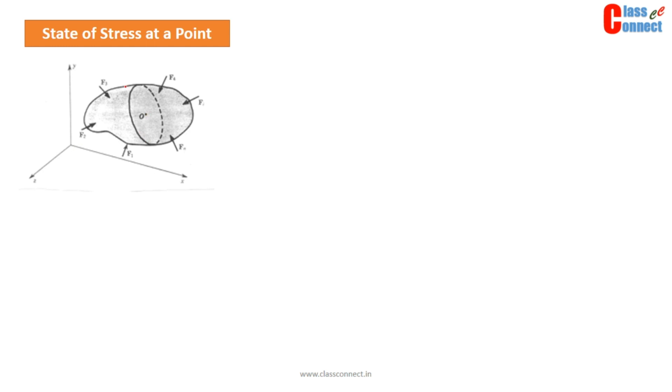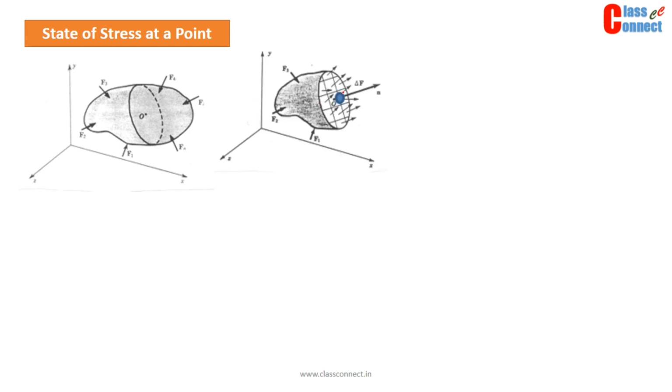Assume that this particular body is subjected to n number of forces and we are focusing at this point. We cut the body through the section shown here and obtain this type of body. If we take a small element around this particular point O, this is how it is shown. The resultant internal force that will be developed may be assumed as delta F, where n is the normal to this surface, used for finding the direction cosines of the different planes.